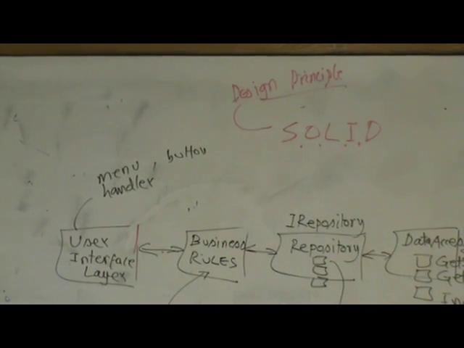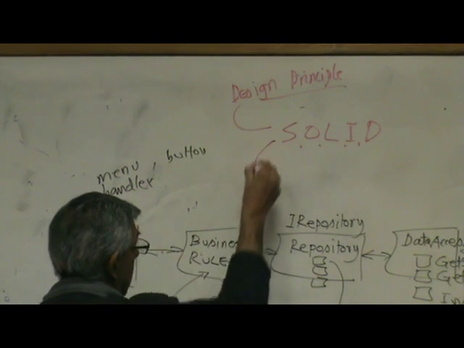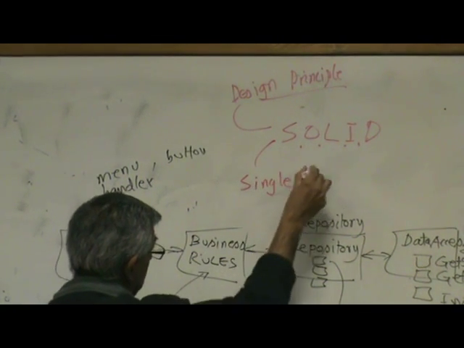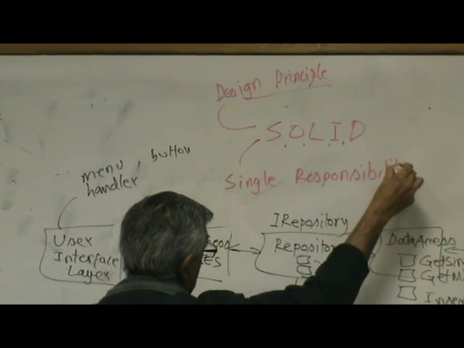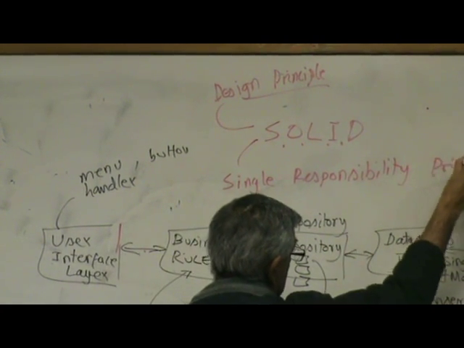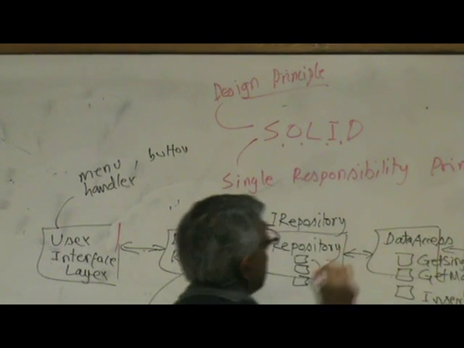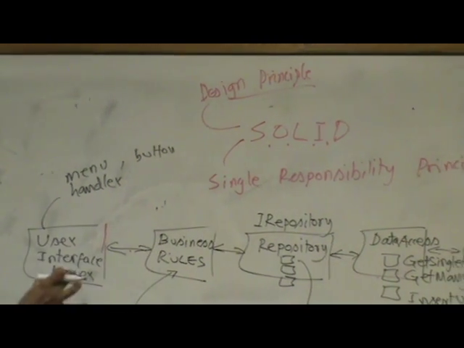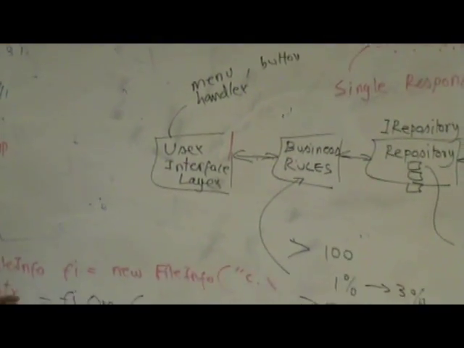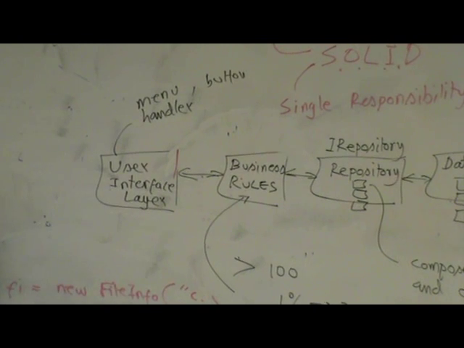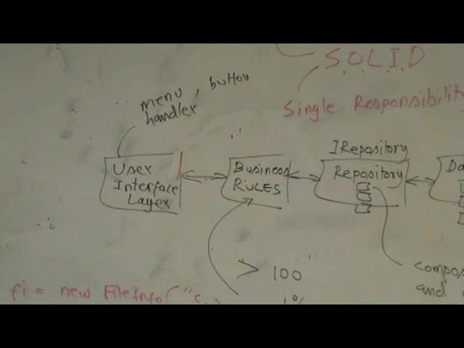Okay, what does S mean? S means single responsibility principle. All it means is a class should only do one thing. So for example, if there's a user interface layer class, it should only deal with interactions of the user. It should not try to implement business rules.